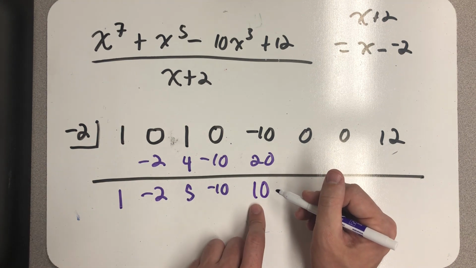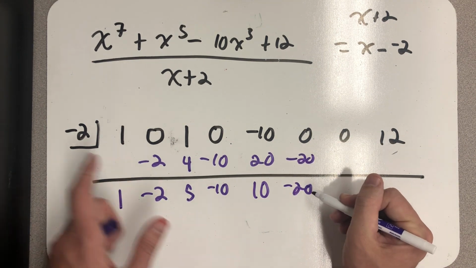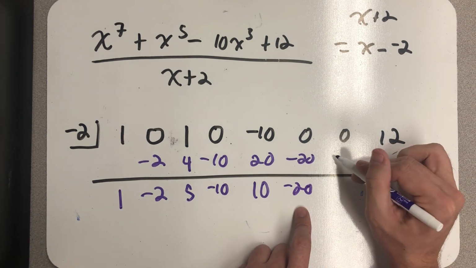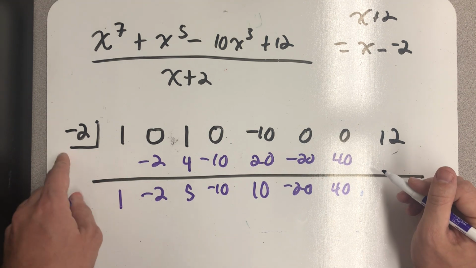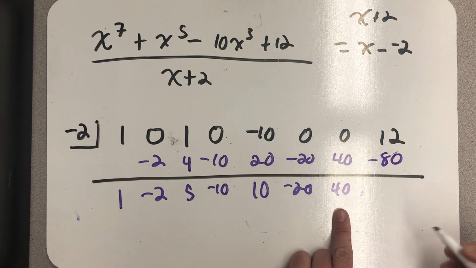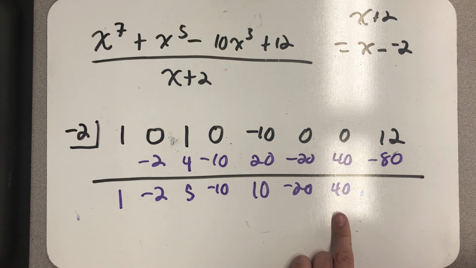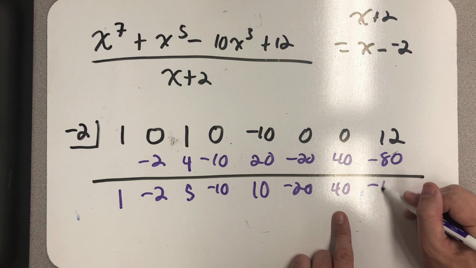Minus 2 times positive 10 is minus 20. Minus 2 times minus 20 is positive 40. And again, I'm adding these together. Minus 2 times minus 40 is minus 80. And now I just need to add those up, and let's see, what's that going to be? Minus 80 plus 12, 68, but minus.